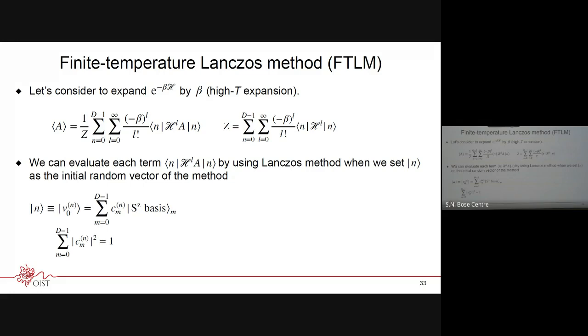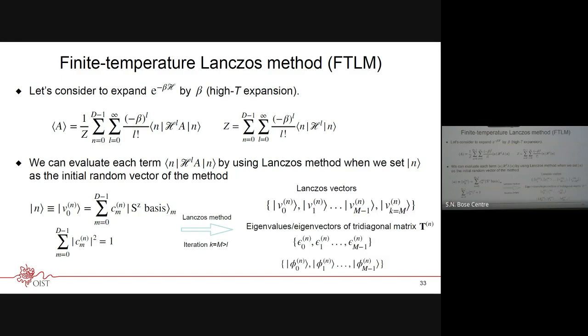So, let's see an example. First, I set this n as V0 n. This is the initial random vector, written in the S^z up-down basis, for example, and it is normalized. By using the Lanczos method, with the iteration k equal M, which is larger than small l, we can get the Lanczos vectors from V0 n to Vk equal M n.